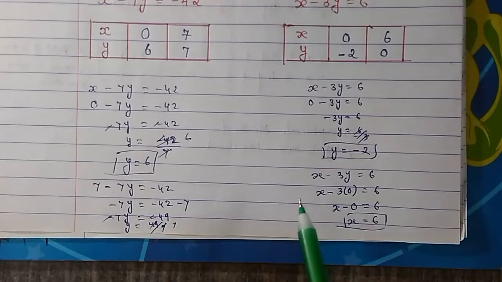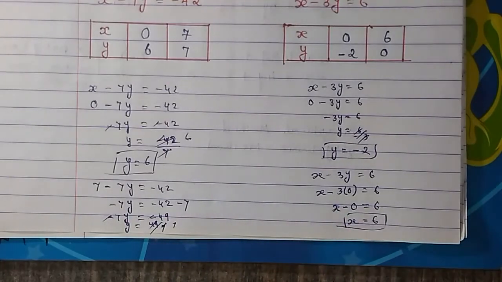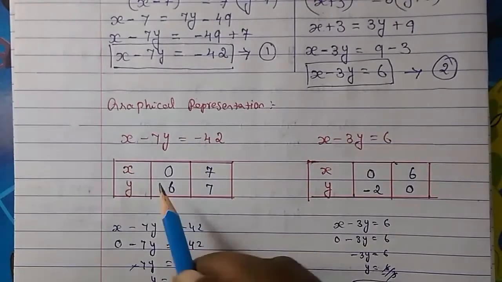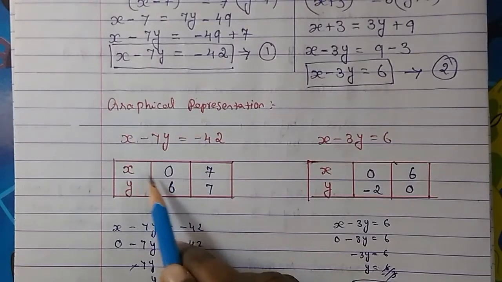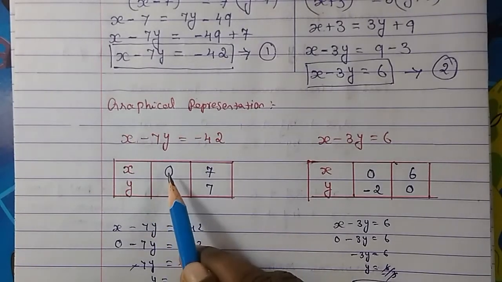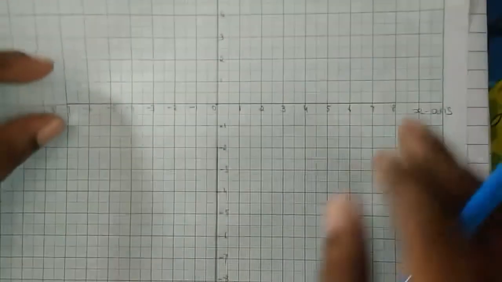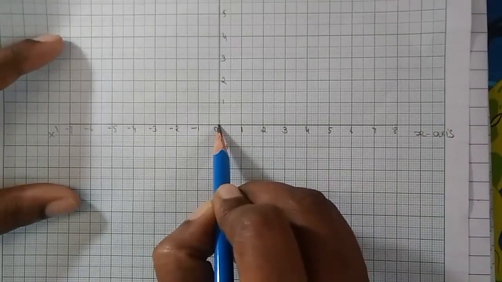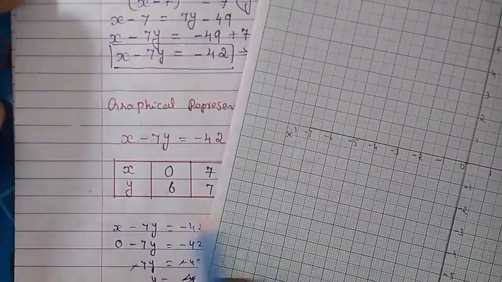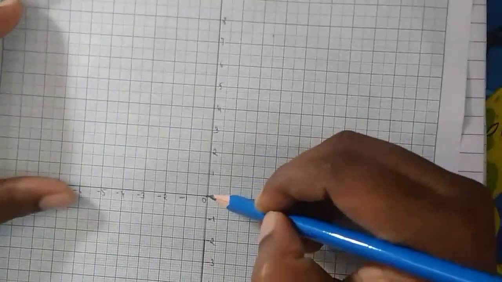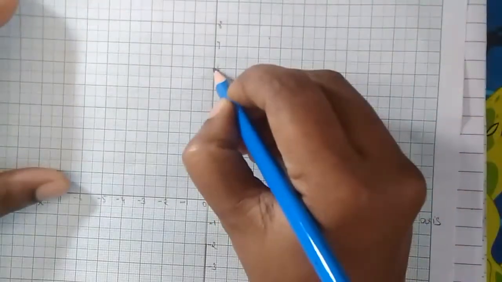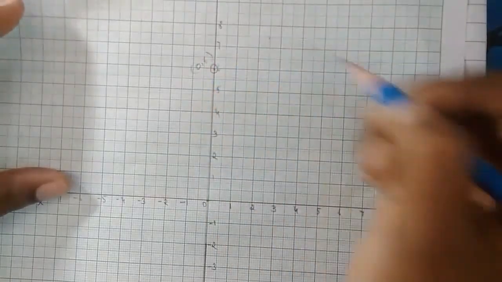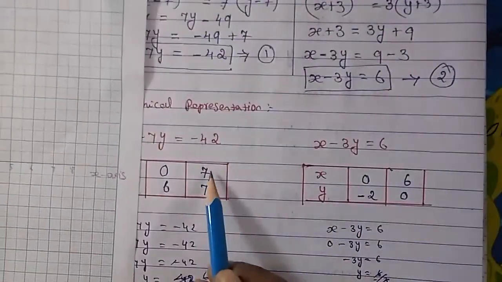Now let us put it in the graph. So first is x, on x is 0, y is 6. So 0, 6. So I'll say 0 for x is here, and for y it is 6, right? So 0 is here, and for y 6 is here. So the point will come here, 0, 6. Second point is 7, 7.